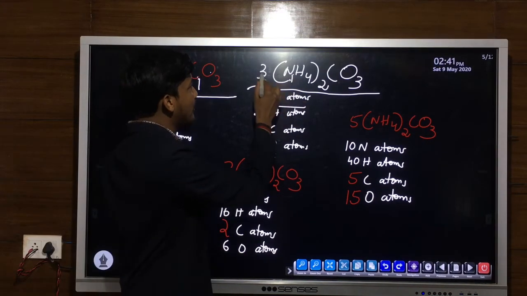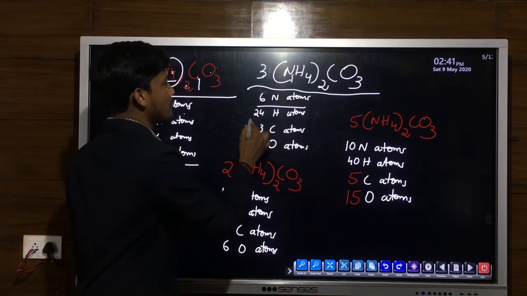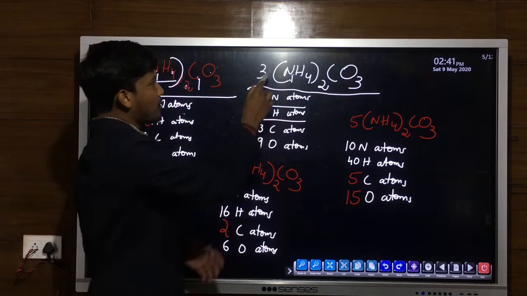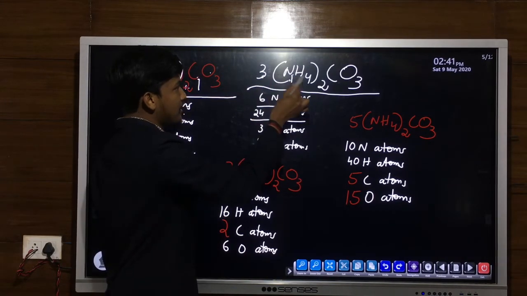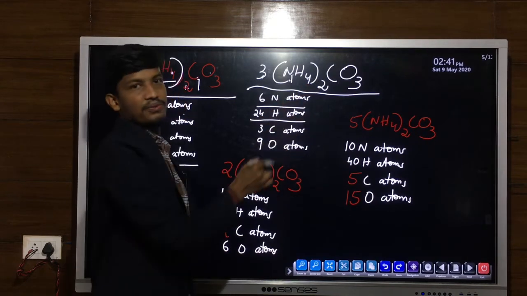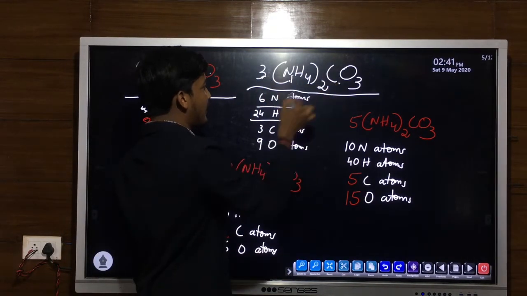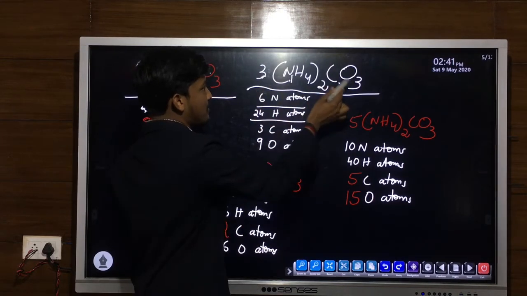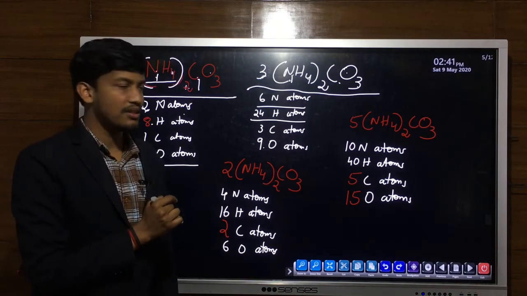Now hydrogen, 3 4s are 12, 12 2s are 24. Both N and H are in the bracket. So 6 N atoms, 24 hydrogen atoms. Now carbon, 3 into 1, 3 carbon atoms. Last one, oxygen, 3 3s are 9, 9 oxygen atoms.